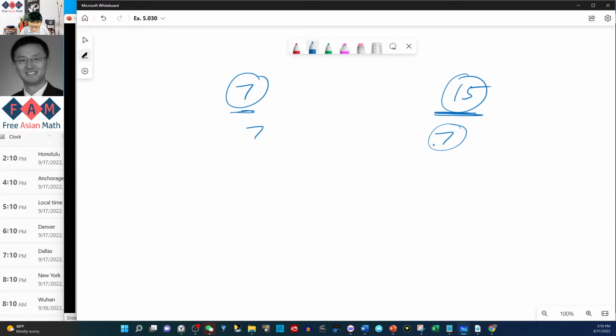Let's say he takes 5 from this 15, he creates a 7-10 situation. Or, silly enough, takes 2 from the 7, creating a 5-15 situation.